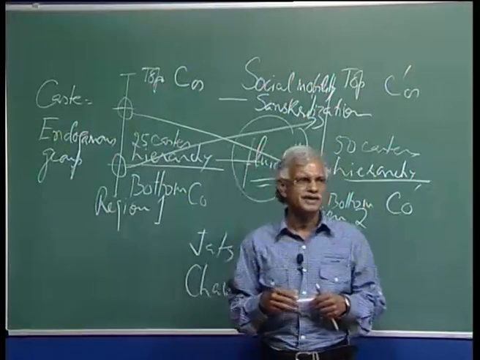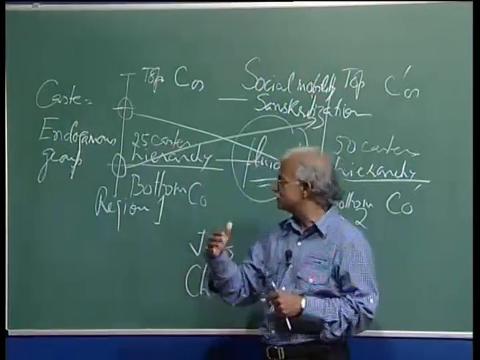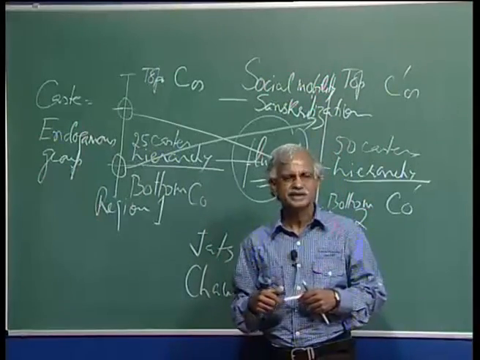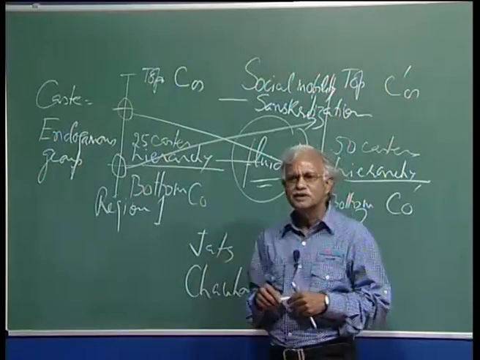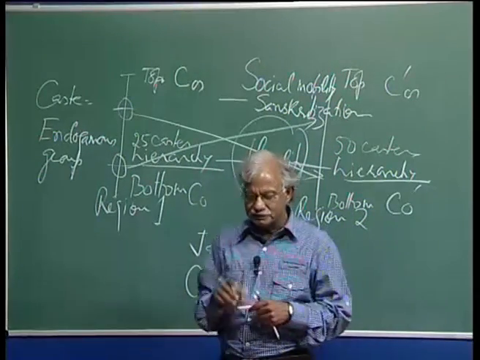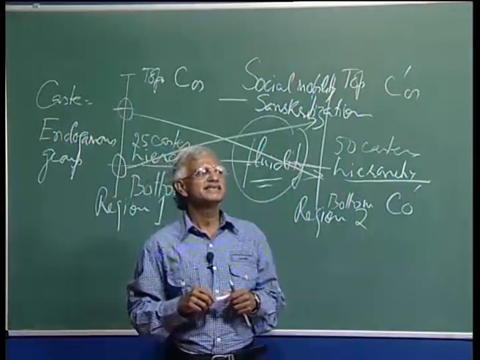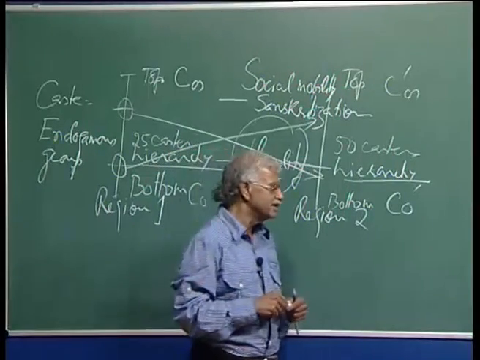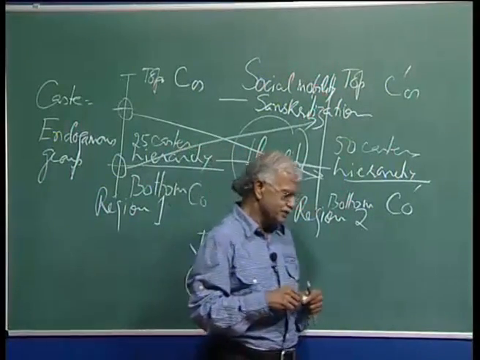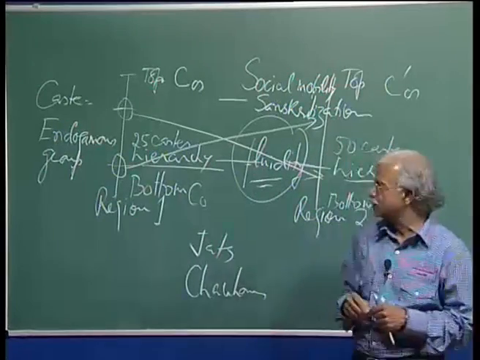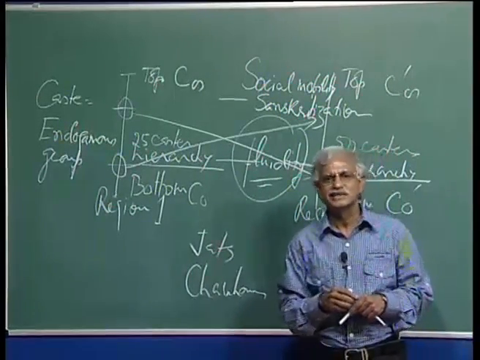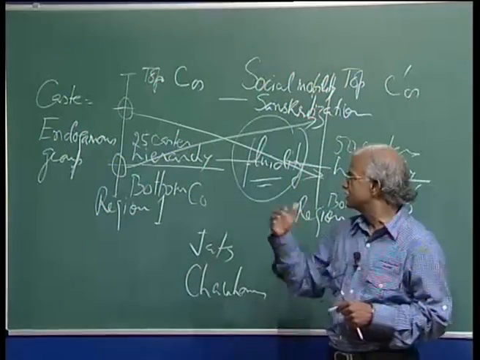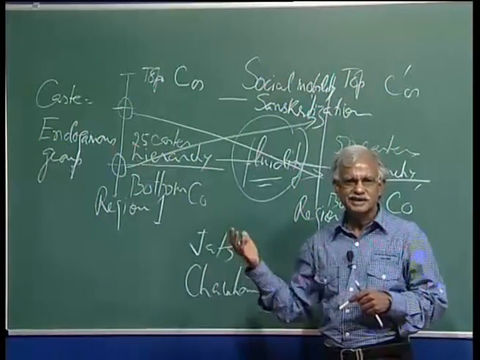So, this is how different social groups in society moved up or down, and this was Sanskritization. But it must be emphasized that in Sanskritization, although there is change of position of different castes, there will be no structural change, meaning the concept of high and low, the concept of hierarchy, these things continue.